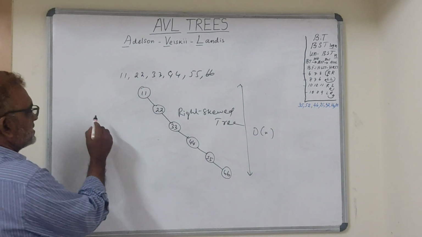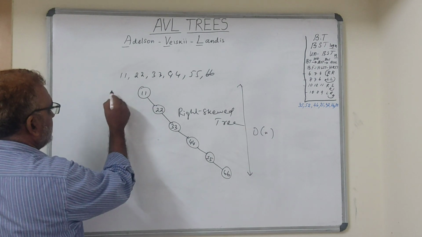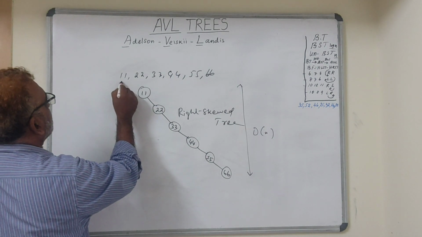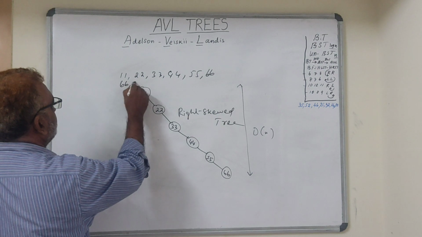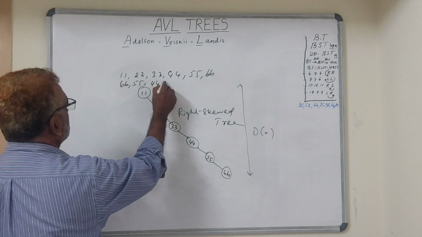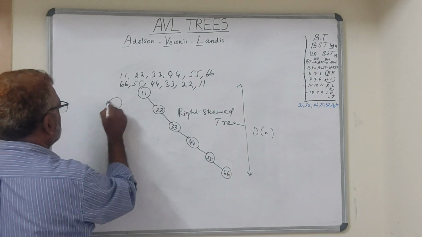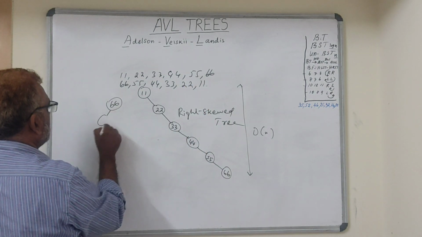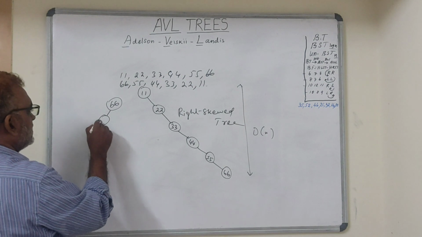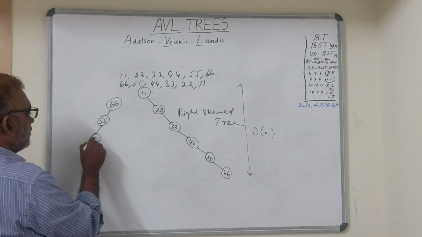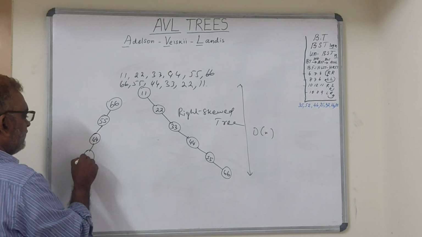Similarly, let us consider if you have the values in descending order: 66, 55, 44, 33, 22, 11. You will keep the lesser values on the left-hand side, so automatically we will get a left skewed tree.